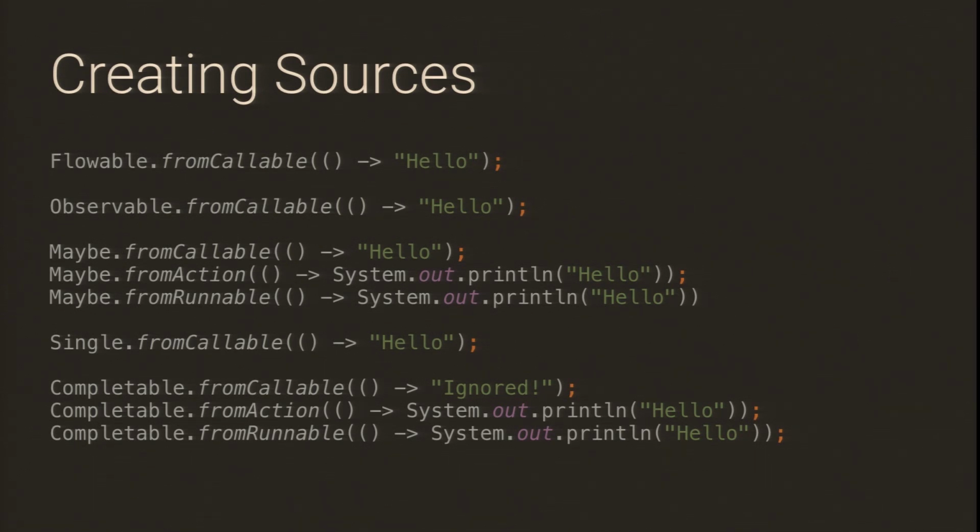And so the action interface allows you to do that. So if you need to call a void method that throws a checked exception, you'll want to use action. And again, writing to a database, writing to a file, those are the cases where you would want to use either, well, in both those cases, probably the completable version, but if you, for whatever reason, need to return a maybe, you could as well.